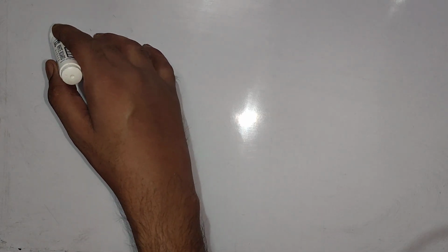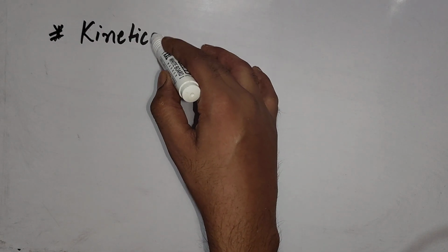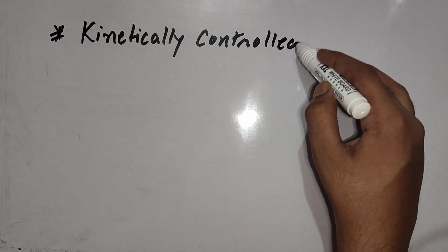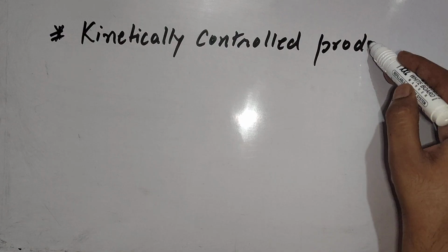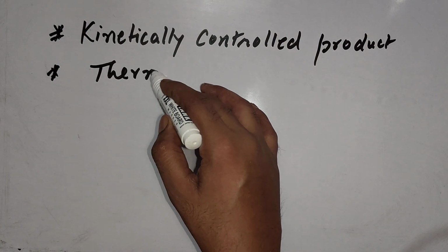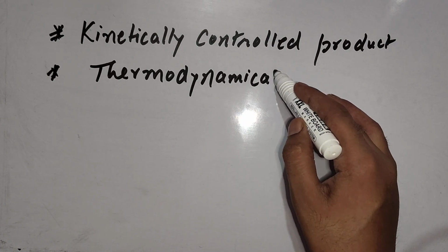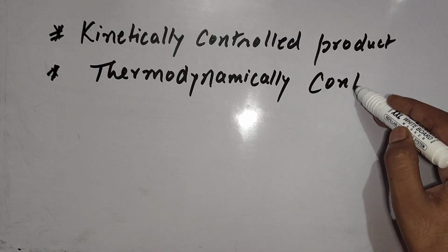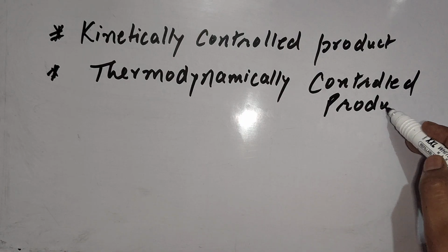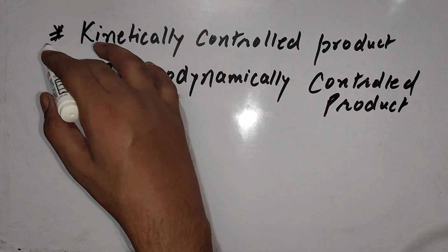Those two words are kinetically controlled product and second, thermodynamically controlled product. These two words are written in sulphonation of phenol.